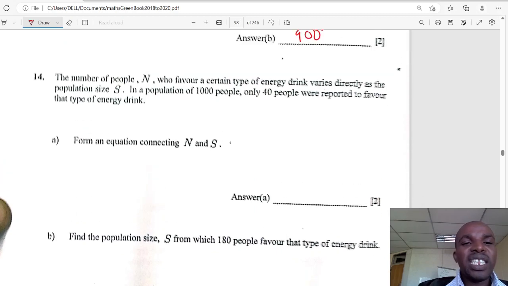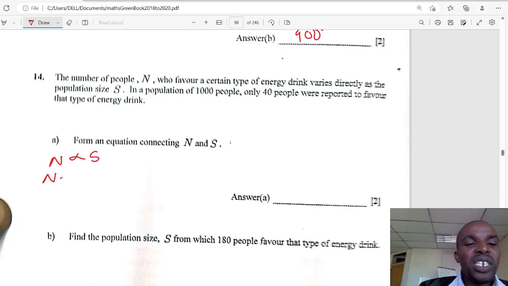Then 14. The number of people N who favor a certain type of energy drink varies directly as the population size S. This one is direct variation, right?